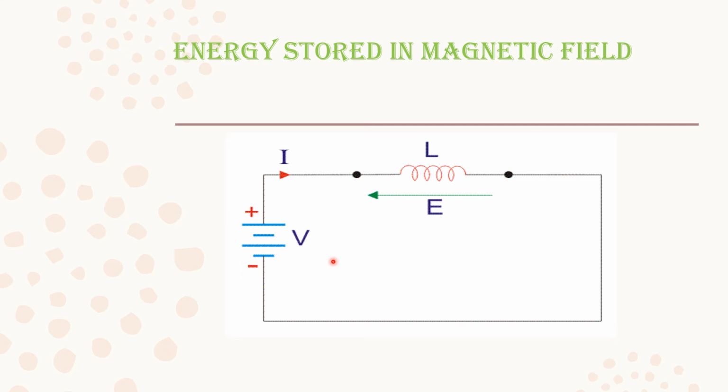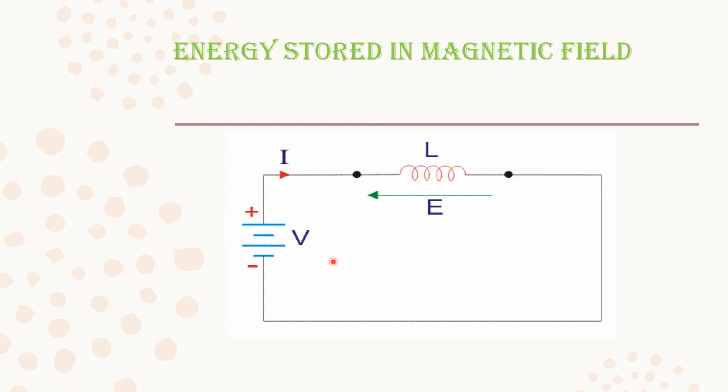that is a coil of large number of turns as we have shown in the figure, L. This coil or inductor is carrying current I when it is connected across a battery voltage source through a switch.